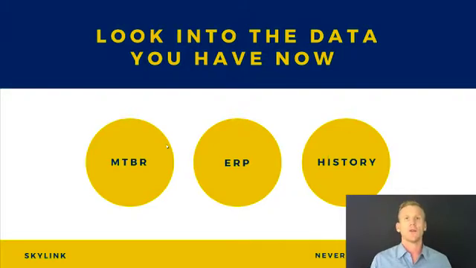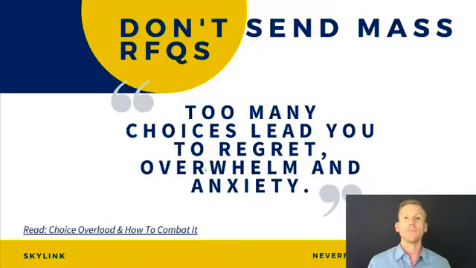So you have to do a little bit of digging. If you have a large fleet, it becomes a lot harder. But if you have a small to medium-sized fleet, you can look at your total APUs now and how they're operating, the cycles remaining, and if there is anything needed of them in the near future. So look into the data you have now.